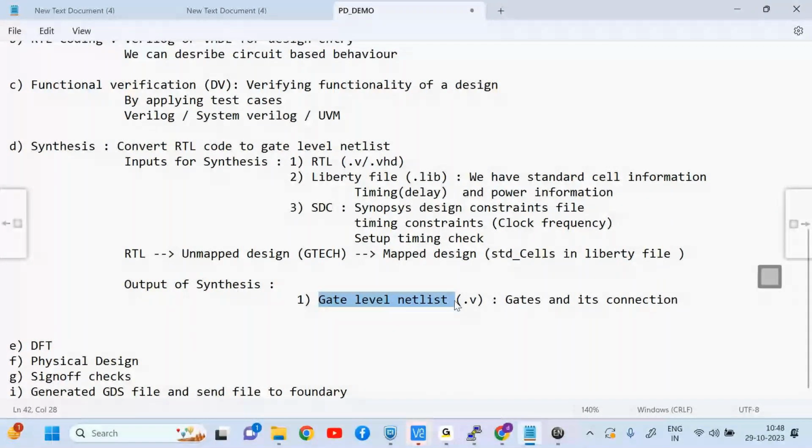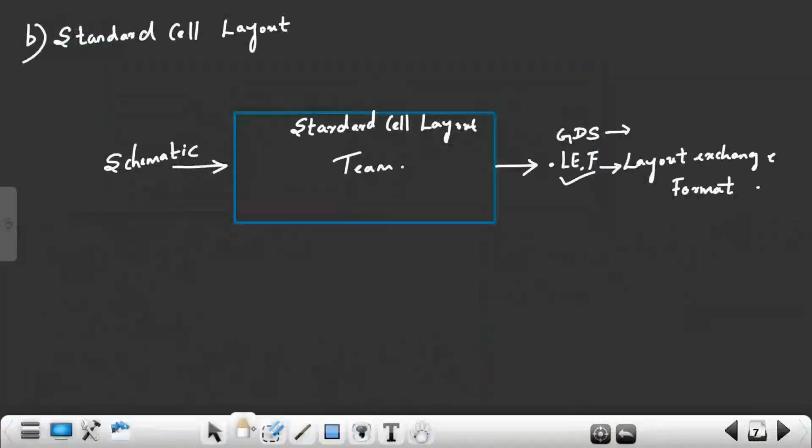Then we'll check whether this gate level netlist is having our description of circuits or not. Like we'll do some netlist checks. For example, this netlist should not be having any ambiguity. Ambiguity means, I have one cell driving other cells.